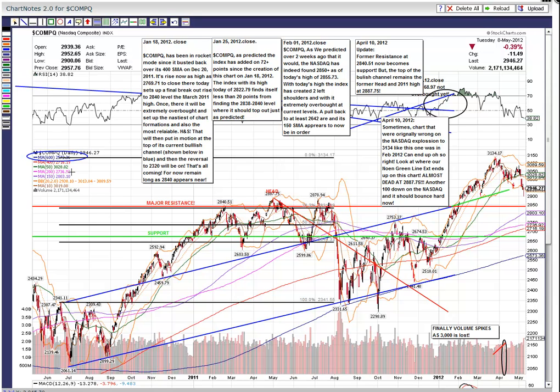So we'll look for 2850, 2840 on the index today, which again is a lot down, but we could see that. And then the next spot down, obviously 2736. So this index that went parabolic right here back as we got into February is now going to retrace all of that and lots more.